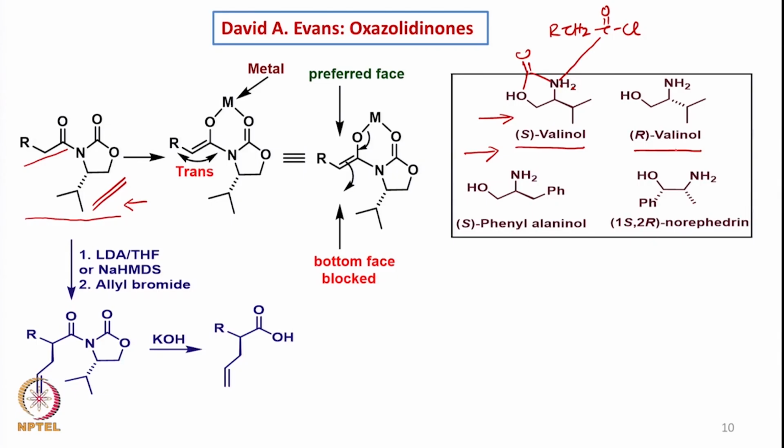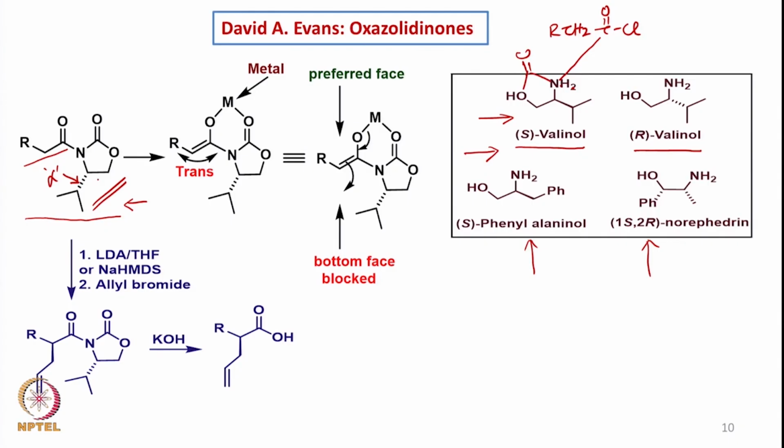Likewise, if we take R-valinol, then this will be beta. Right now this is alpha oriented, it can be beta oriented if we take from R-valinol, and of course we can use many of these kinds of chiral auxiliaries to make different types of oxazolidinones like this, where the substituents here would be fixed in terms of their configuration.